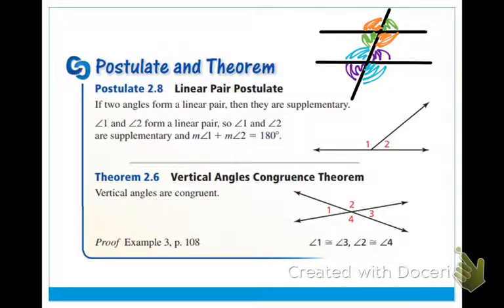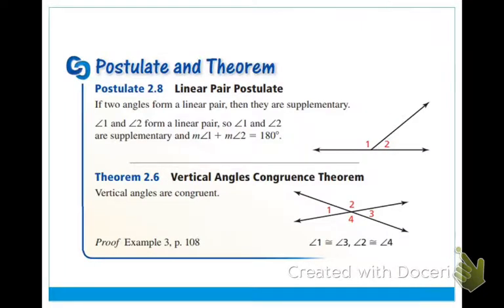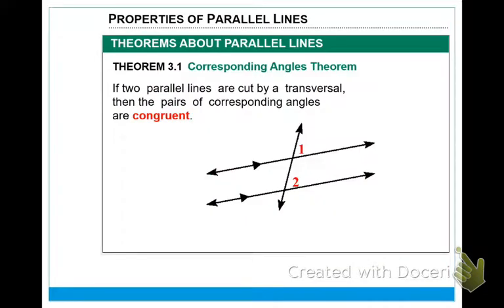We're going to move on, but before we do, I have one more thing I want you to do. We're going to learn about different properties, but the first thing you have to know is that these next 4 properties are only applied if you have 2 parallel lines.